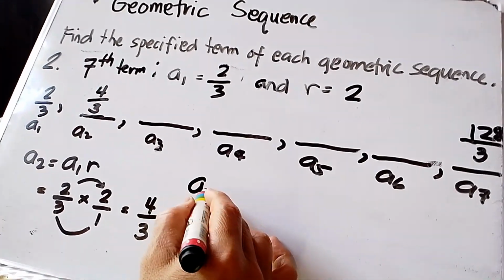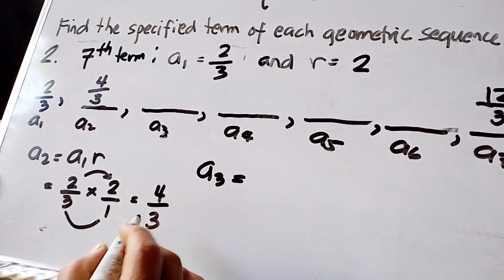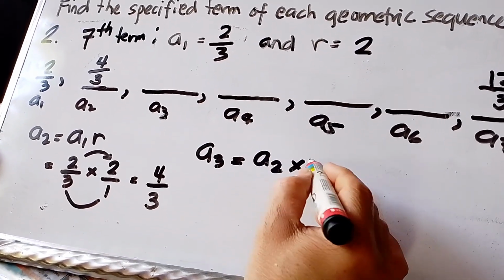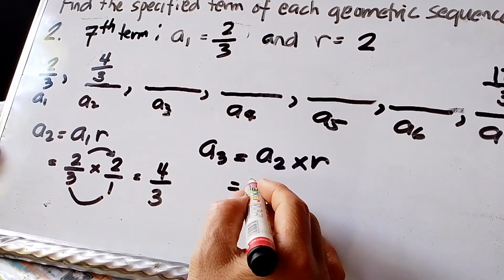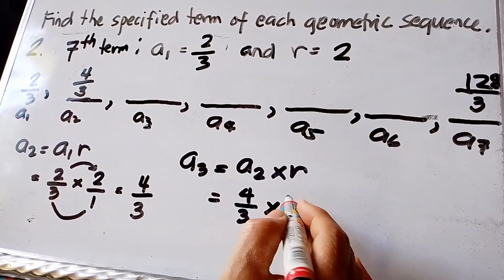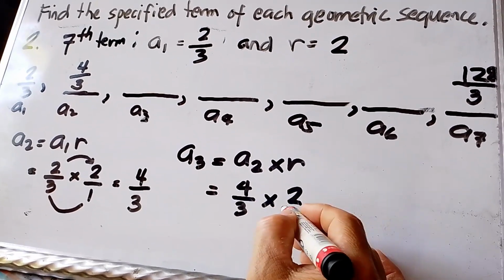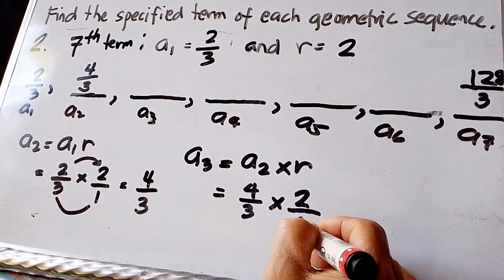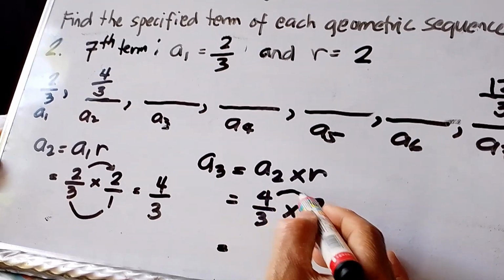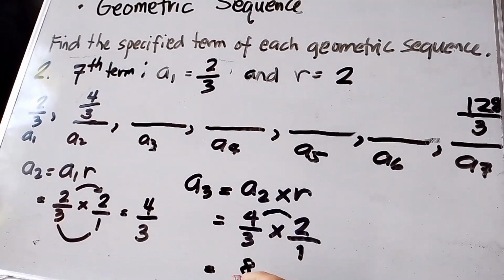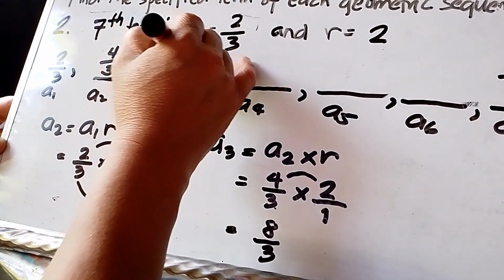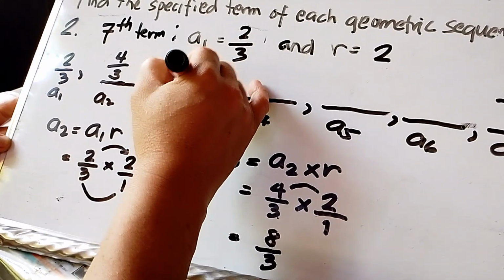Now, find A3. A3 will be equal to A2 times R. So A2, which is 4 over 3, times the common ratio, which is 2. And then I need to put 1 in the denominator. So I need to multiply this one. 4 times 2 is 8. And then 3 times 1 is 3. So A3 will be 8 over 3.